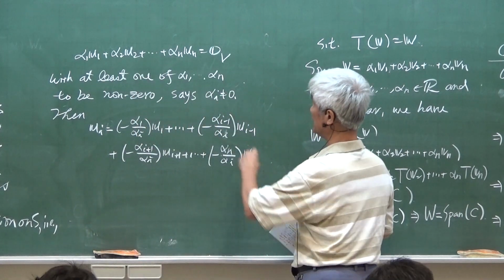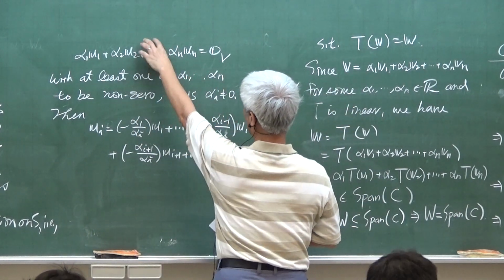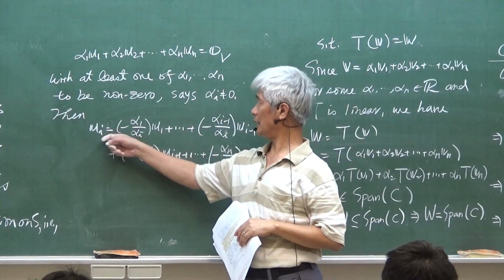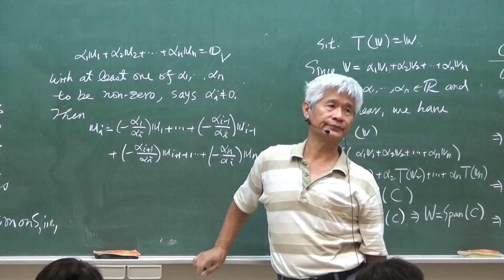Okay, so we can move ui to the other side, so we can express ui as a linear combination.